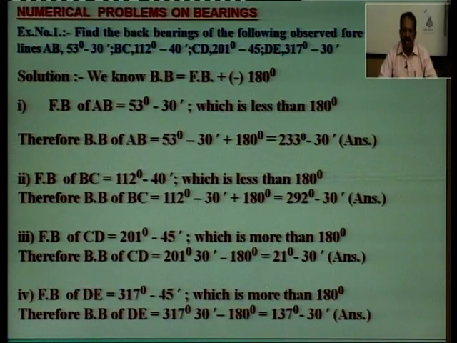To find the back bearing, we subtract 180 degrees, which is equal to 21 degrees 45 minutes. In the fourth case, the fore bearing is 317 degrees 30 minutes, which is again more than 180 degrees. So, to find the back bearing, we deduct 180 degrees. The answer is 137 degrees 30 minutes. This is the example of the whole circle bearing system.